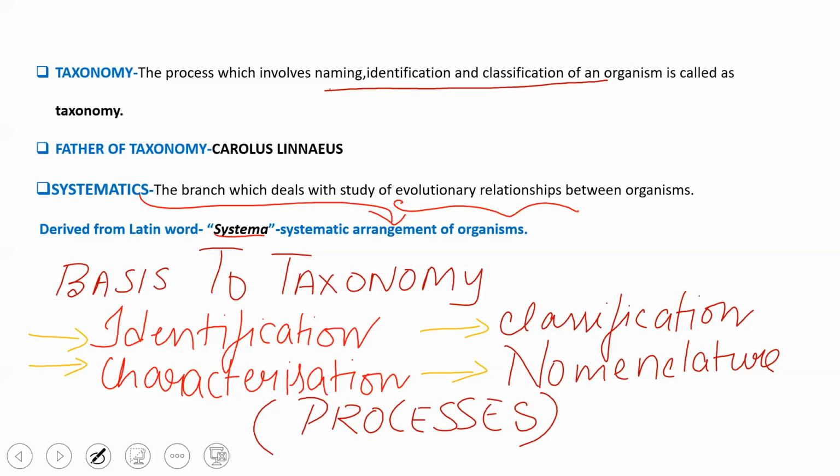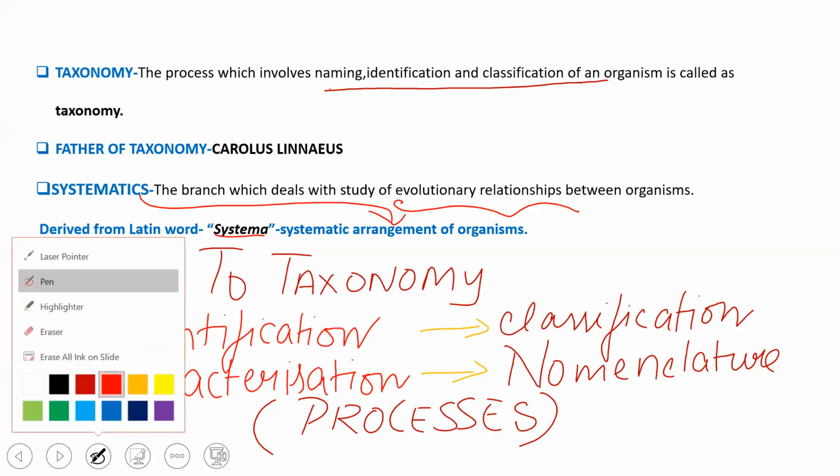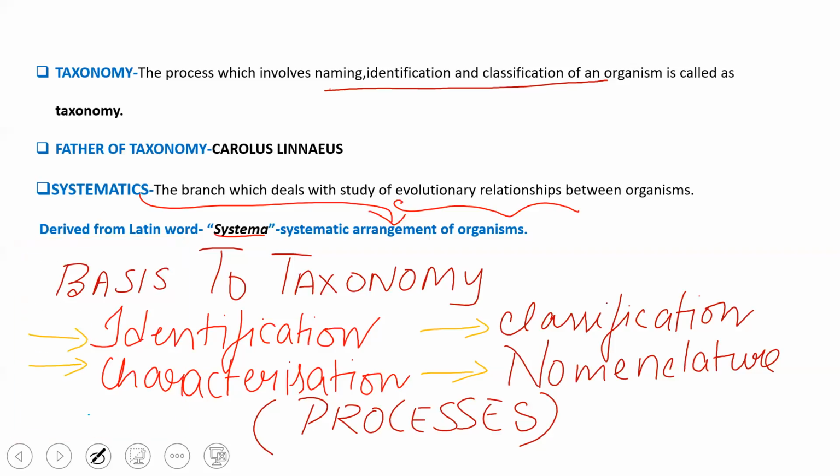Now, what exactly is evolutionary relationship? Let's look into a small example. Let's take human as an example. We know our origin, isn't it? We know how we have evolved, from which primate group we have evolved.